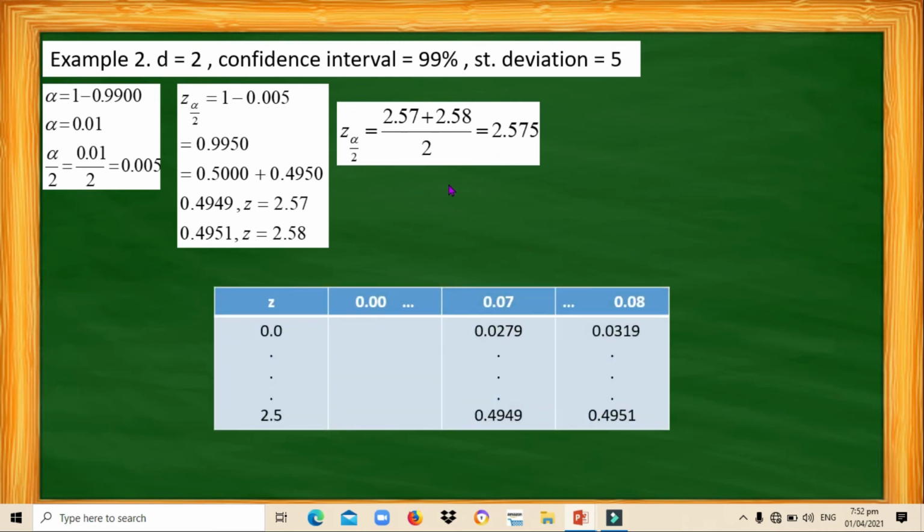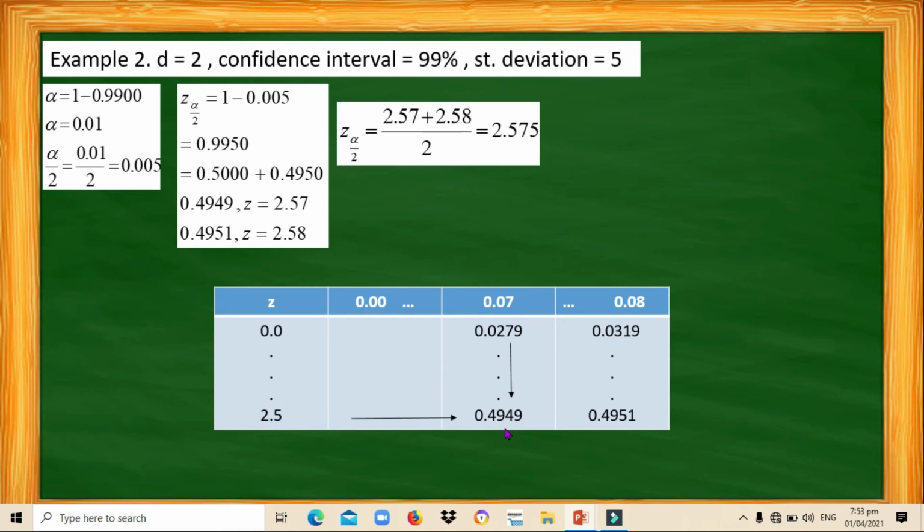Okay, we locate this z-score in the z table. So 0.4949 is 2.5, then add the 7.